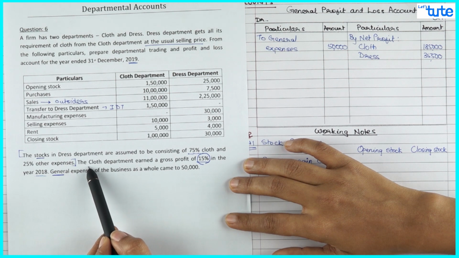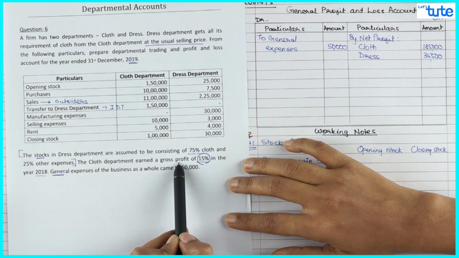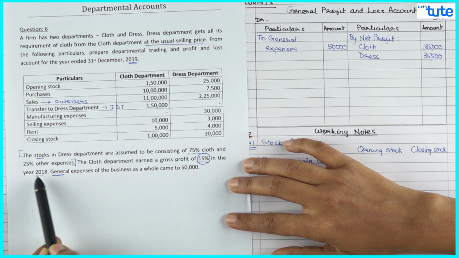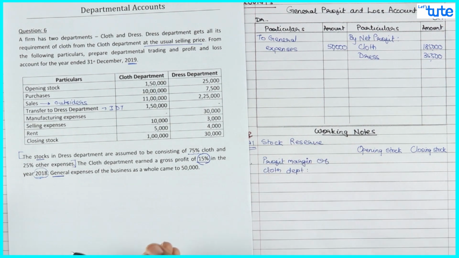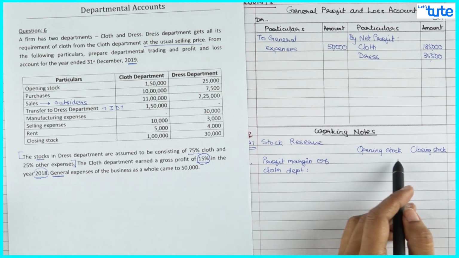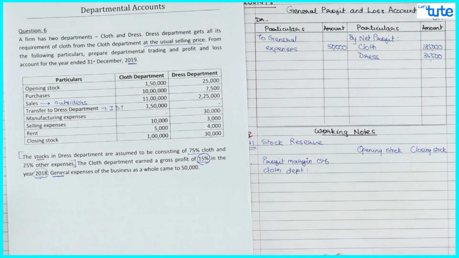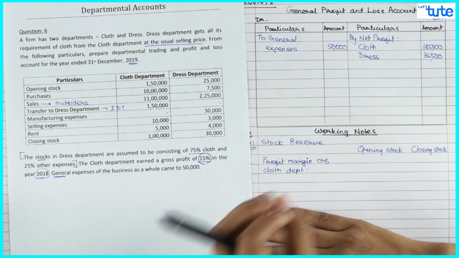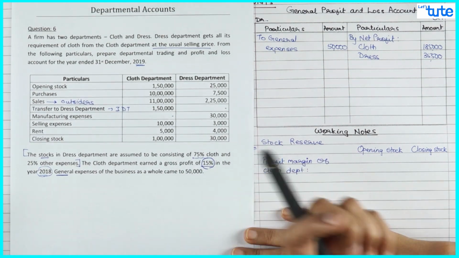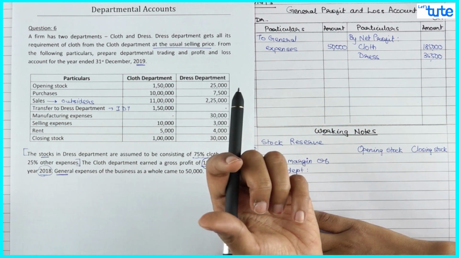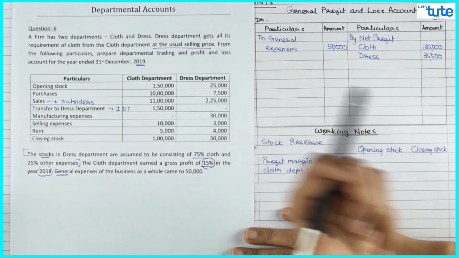See, the cloth department earned a gross profit of 15% in 2018. 2018 is your last year. Last year's closing stock is just a brought down figure as opening stock for the current year. Now also see over here, in your previous sums, they always used to give you the data regarding the stock reserve or the profit charged while transferring the goods.